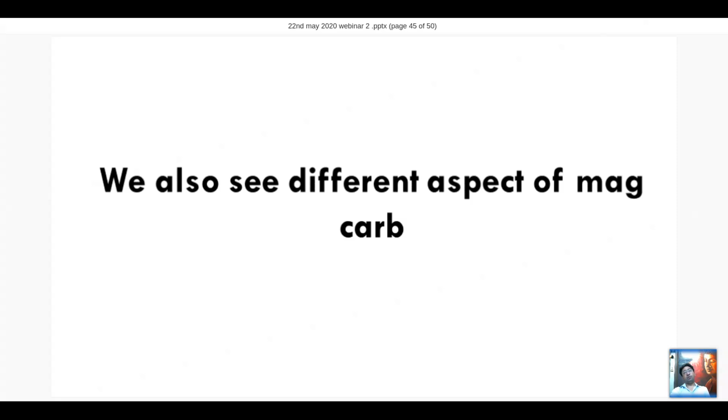We also came to know about the desires and aversions, like desire for meat and aversion to vegetables, raw food, salads, and the peculiar aggravation from cabbage. It is only in Magnesium carb, sour eructation from cabbage, right? Then we also know that Magnesium carb has the symptom that menses come only at night, right?